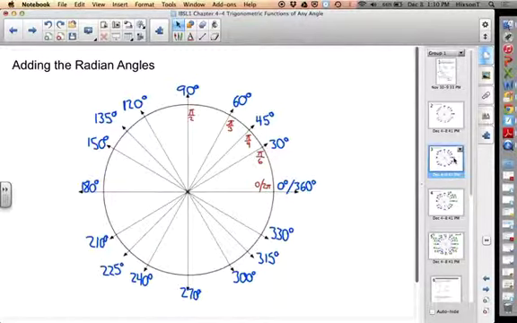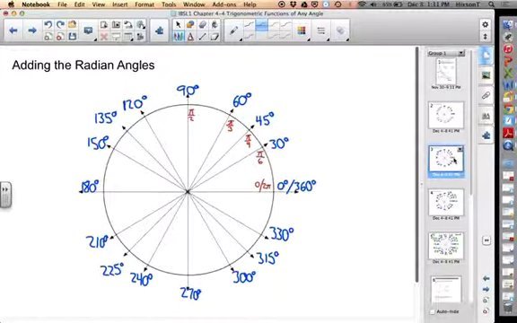Pi over 4, right? With this you're going to have to be careful because you have to reduce fractions. So we have 0, then 1 pi over 4, then 2 pi over 4, which is pi over 2.